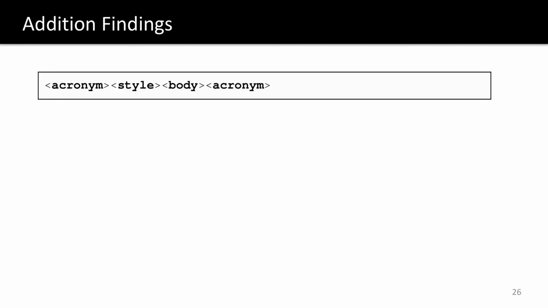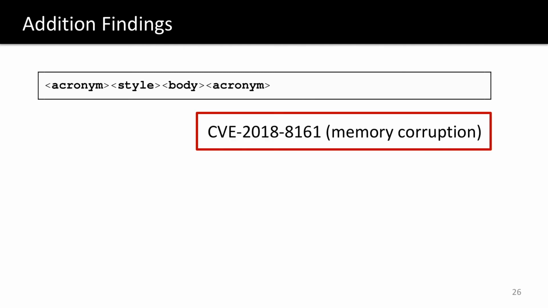When we initially started this research back in 2018 and tested for URI invocation in Microsoft Office, we stumbled upon a memory corruption caused by a piece of HTML code. And to our surprise, Microsoft classified this accidental finding as remote code execution in Microsoft Office with a CVSS score of 9.3.